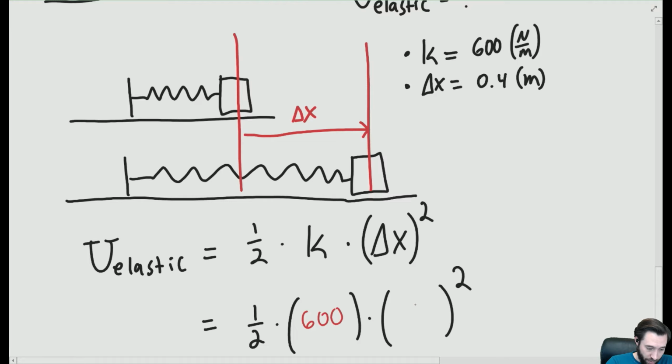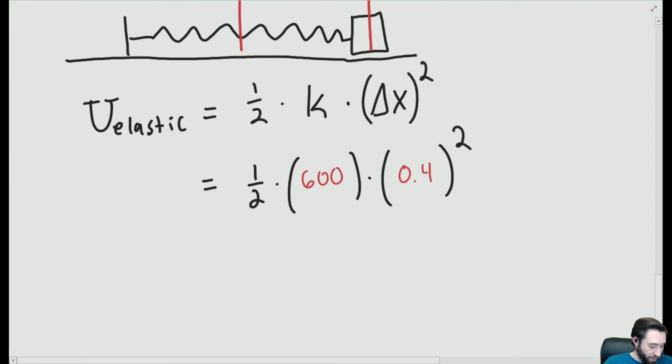And the amount that I stretched it was 0.4. So 0.5 times 600 times 0.4 squared. And I get a whopping 48. And that's going to be joules.